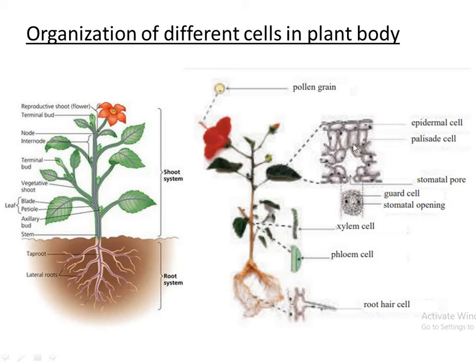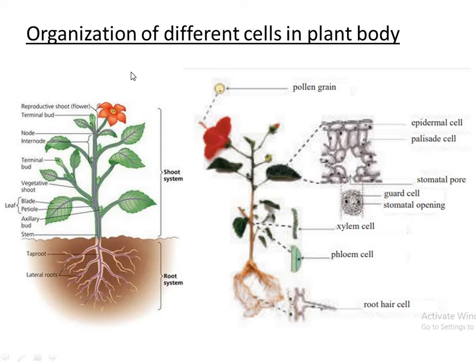You will get the epidermal cell, the palisade cells, the stomatal pore, and of course the guard cells, which are on either side of the stomatal pore. And here is the stomata opening. These are the guard cells on either side of the stomatal pore and the stomata opening.